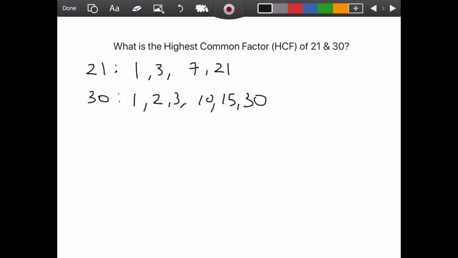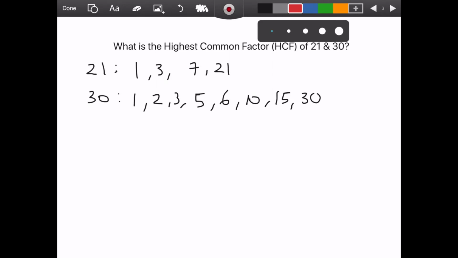Is there any more? 4, 5, yes, 5 and 6, right? 5 times 6 equal to 30. And then we have 10, 15, and 30 that we wrote just now. So over here there are more factors of 30.